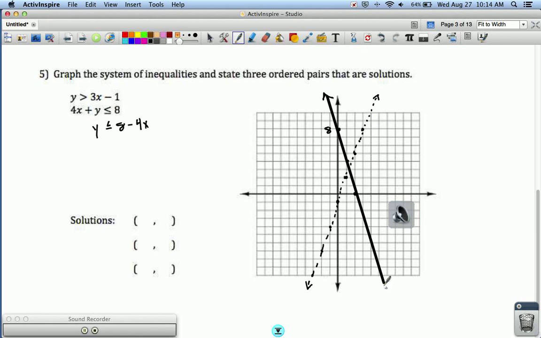And now we're looking for the location that satisfies both inequalities. Well, this first line is greater than, so that's above the dotted line. This is less than, so that's below this line. So the overlapping area is down here.